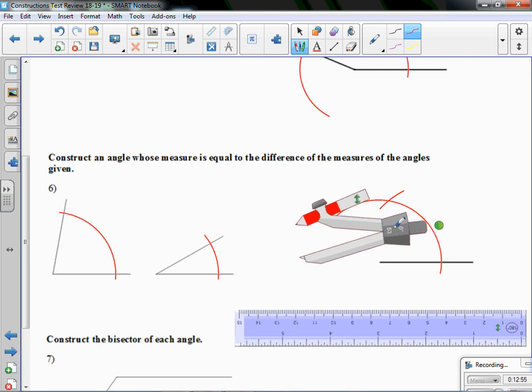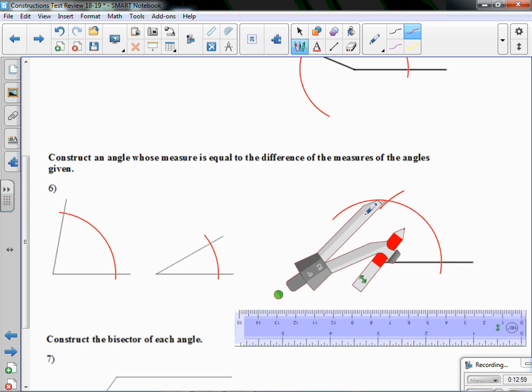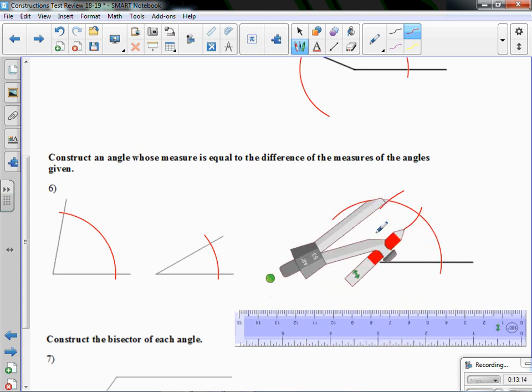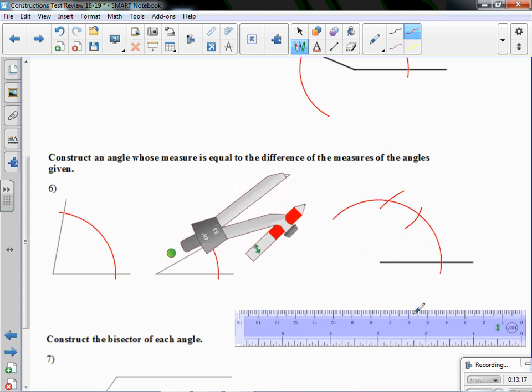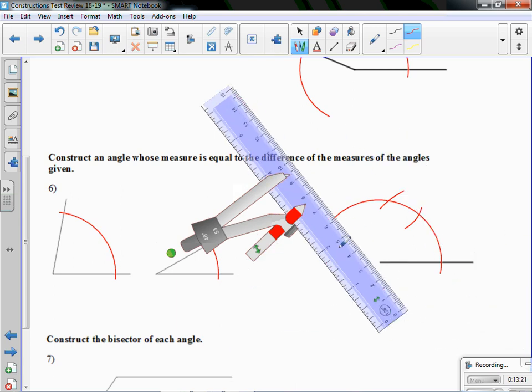Now we're going to come over here, and instead of going to the left to make that angle bigger, we're going to put the point at the intersection for the first angle and mark it off back to the right, getting smaller. So then we want to draw our line in.